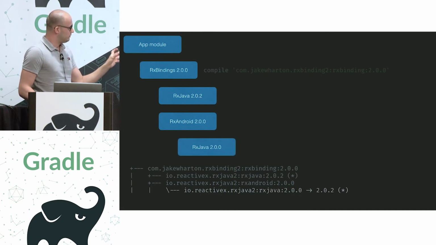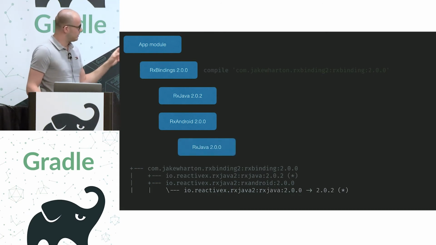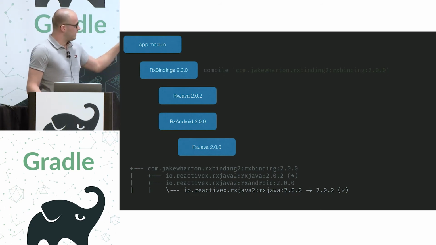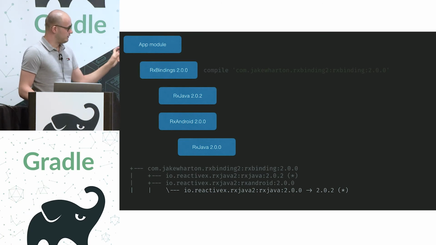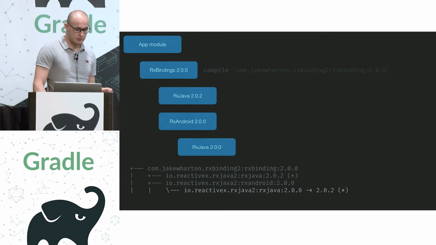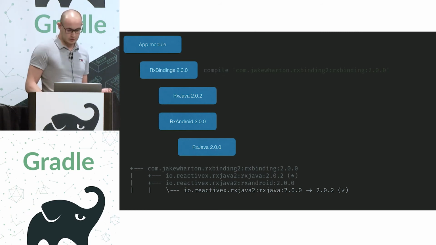But then we'll also depend on RxJava again because RxAndroid requires that. But RxAndroid requires RxJava 2.0.0 and RxBinding requires RxJava 2.0.2. So we can see that Gradle says, okay, so we need versions 2.0.0 and 2.0.2. So let's take the most recent one.